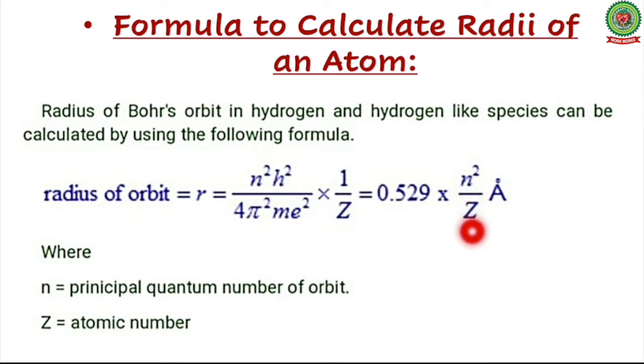And Z is the atomic number of the atom. So by simply using the formula 0.529 into n square upon Z angstroms, we can calculate the radius of the orbit.